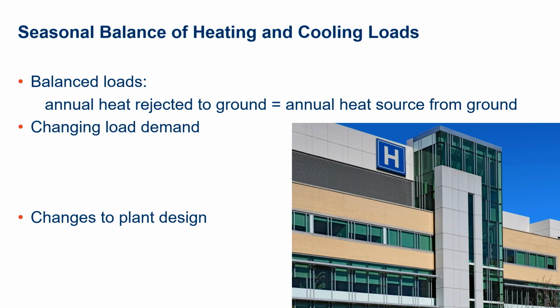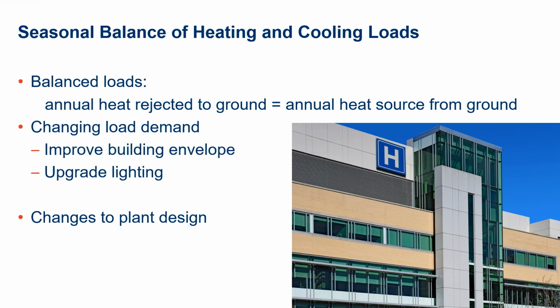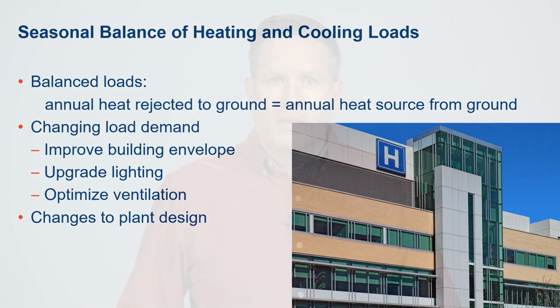cooling device. The load demand can be tweaked with things like upgrades to the building envelope, lighting, or ventilation. Some upgrades, like improvements to the building envelope, may lower both the heating and the cooling demand, while other changes, such as upgrades to lighting, may lower the cooling demand while increasing the heating demand.